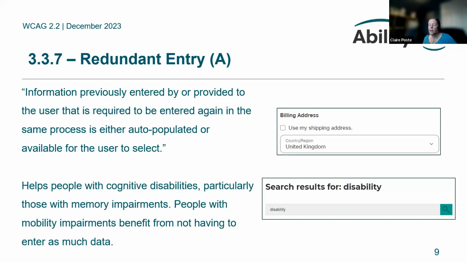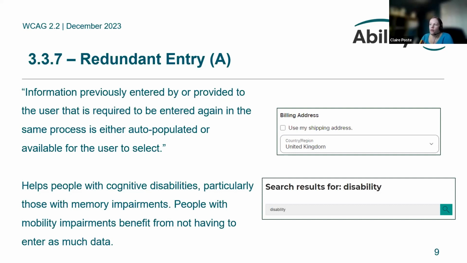Redundant entry, and also the one that Alice is going to talk about next, which is accessible authentication, are quite specific towards people with cognitive disabilities, and redundant entry is very much particularly for those with memory impairments, but also people with mobility impairments, not having to enter data in as much.